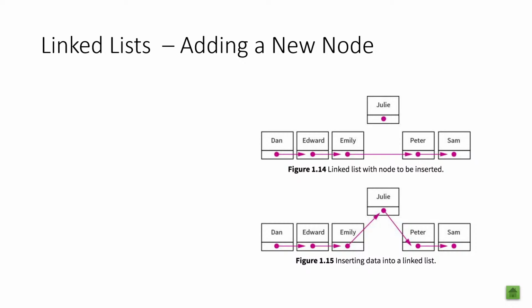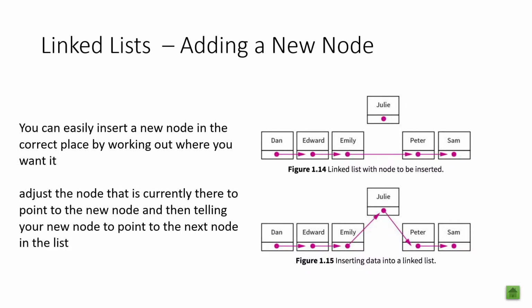Now, if you're drawing this, I saw this in one of the exams that we did earlier on, before December, I think it was, a bit earlier maybe. Oh no, it's January. You can easily insert a new node if you know where you want it to be put. Just make sure that in your exam, if you do this, you use arrowheads to connect the data, and show clearly that you have destroyed the pointer.